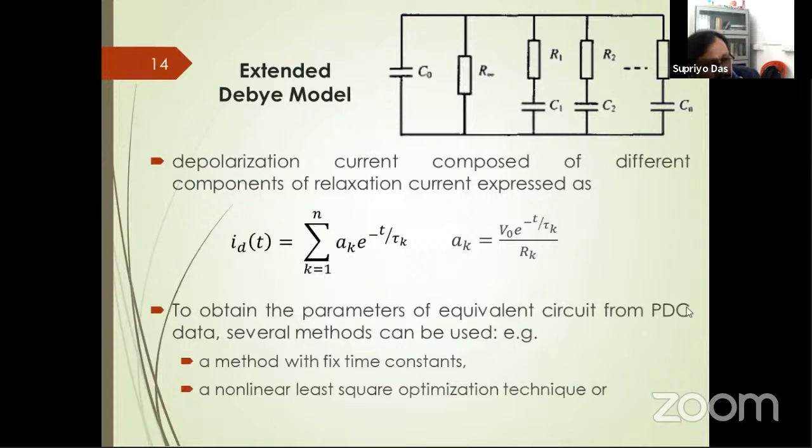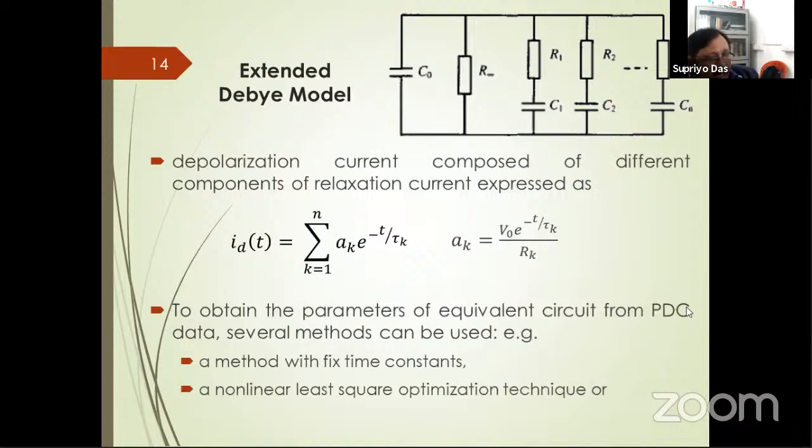So they have different time constants, and based on the time constants, we can identify what types of depolarization are occurring. So the entire depolarization current is segregated into small relaxation components based on the time constant, and from there we can identify the condition of the material.